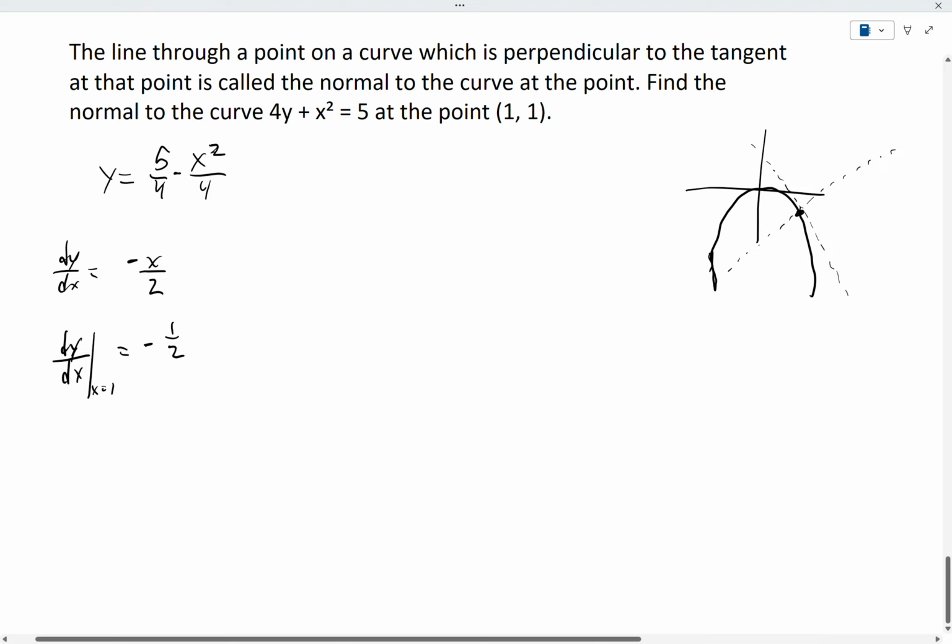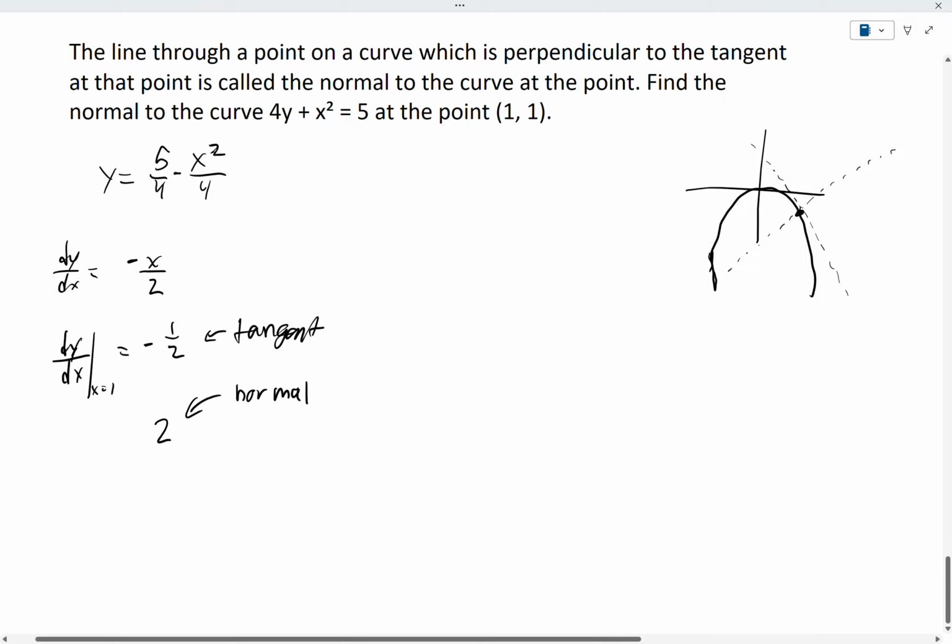If you have two perpendicular lines, their slopes are opposite reciprocals of each other. So this is the tangent right here. The normal will have a slope that is the opposite reciprocal of -1/2. Flip the fraction and flip the sign, and you get just 2.